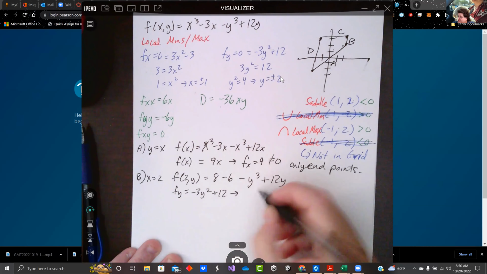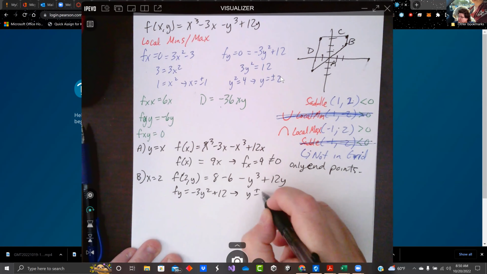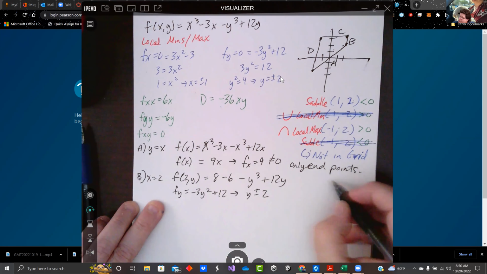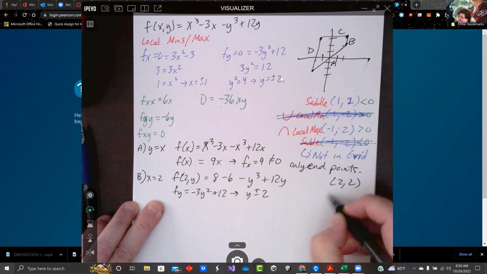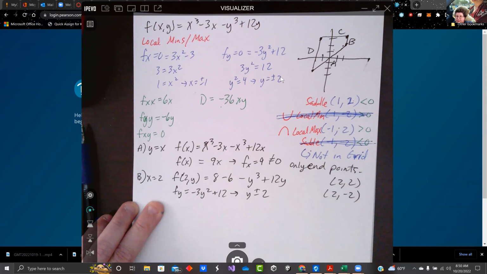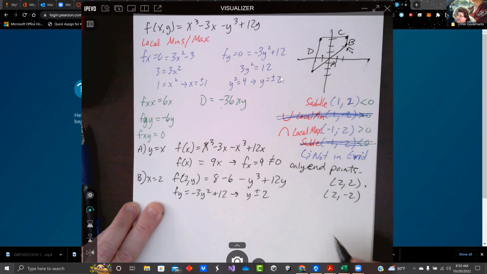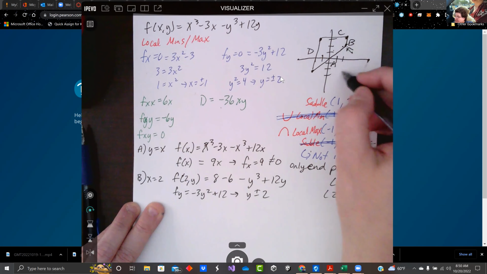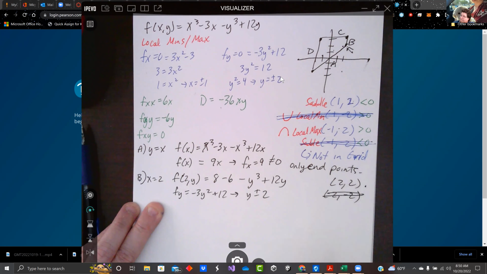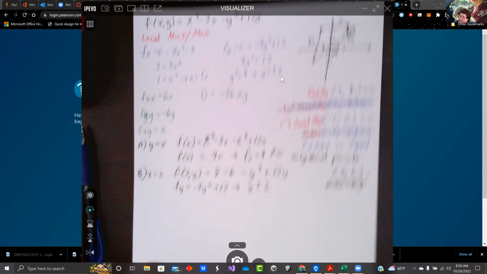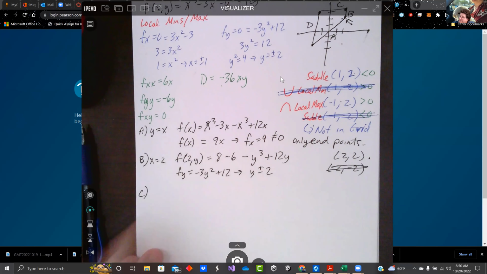We saw this earlier. This is plus or minus 2. So if (2, 2) or (2, -2) is on the grid, we need them. (2, 2) is one of our points, actually. It's that one. And (2, -2) is not, so we don't need that one.